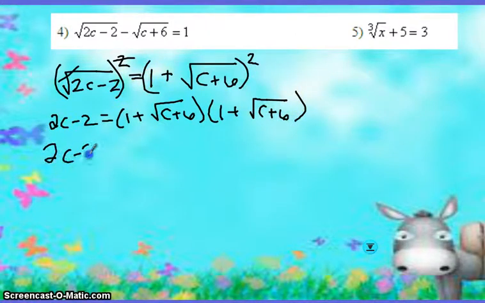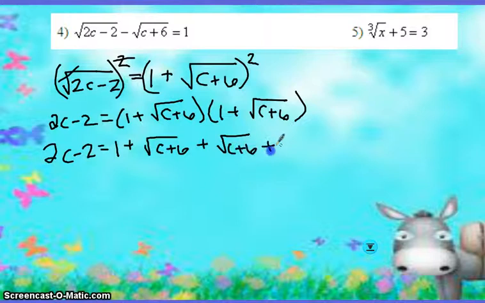As you start to FOIL here, you might notice that your square root is going to stay. A good rule of thumb, or something to think about, is if you start with two radical terms, you're going to end up raising your equation to a power twice.